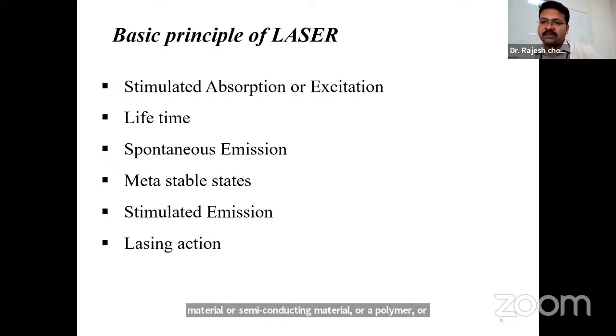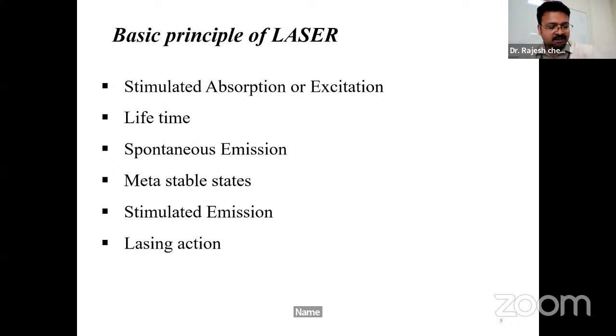Lasers can be any kind. It can be a solid state laser, a liquid laser, or a gas laser. Can anybody tell me any gas laser name? A very famous laser. Have you heard about the helium neon laser?